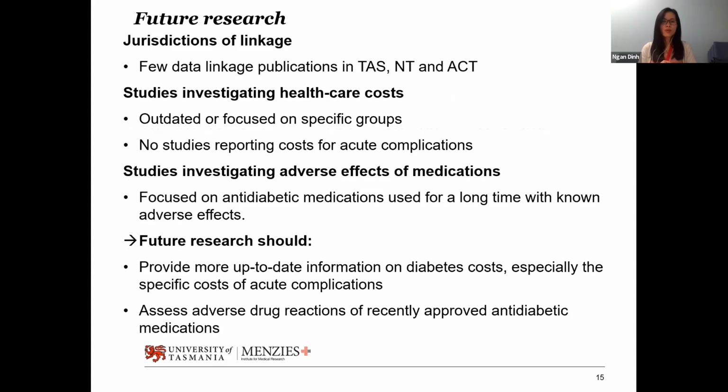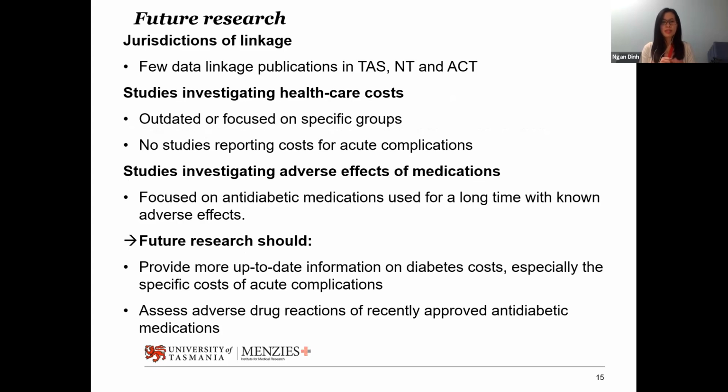However, there were few data linkage publications in Tasmania, Northern Territory, and Australian Capital Territory. And there were also limited studies investigating healthcare expenditure and adverse effects of medications, regardless of the advantages of using linked data in these branches of research.